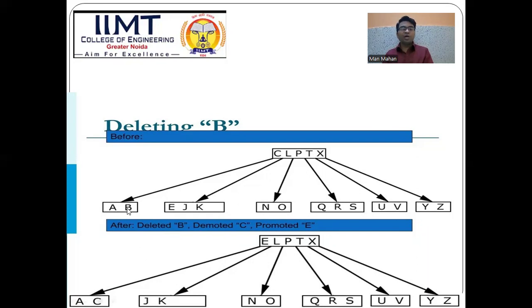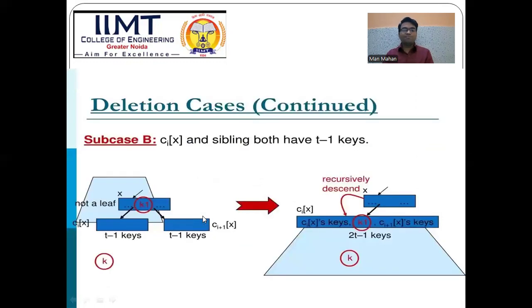So after deleting B, we merge A and the root node of C and E, J, and K. We merge in this process to maintain the property. Now the sub case of B can also merge recursively in the above examples.